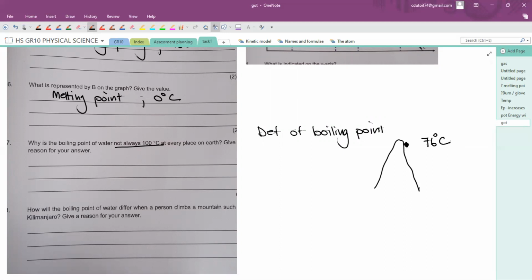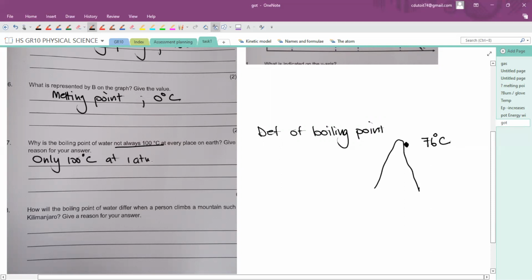Why? Because the atmospheric pressure is much lower. So it's only 100 degrees Celsius at what? At 1 atmospheric pressure. In other words, sea level. Okay. You stay where?